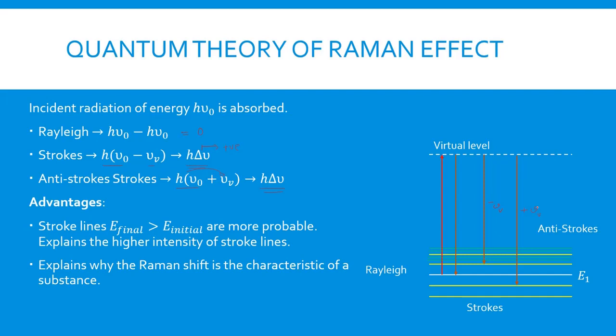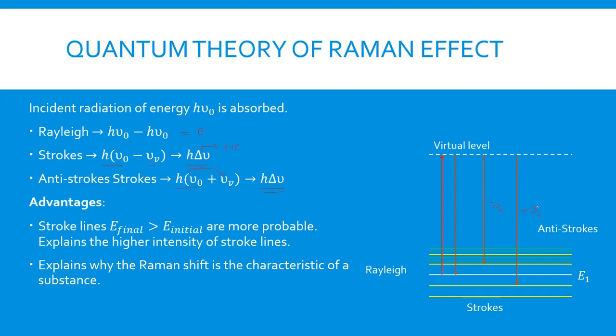But it is highly unlikely that the emitted energy is higher than the absorbed energy, and this is the case of the anti-Stokes lines.